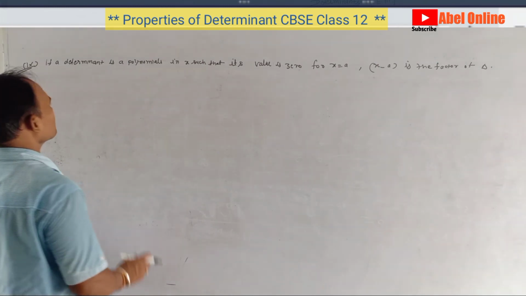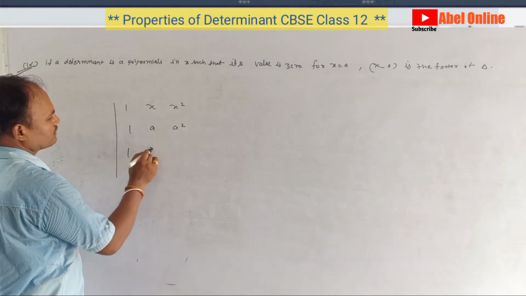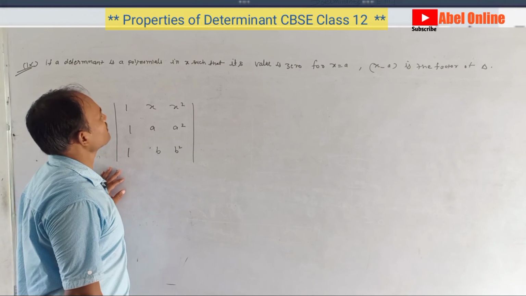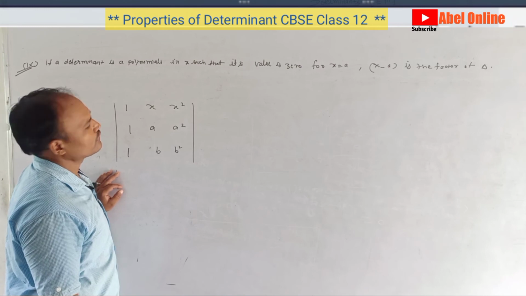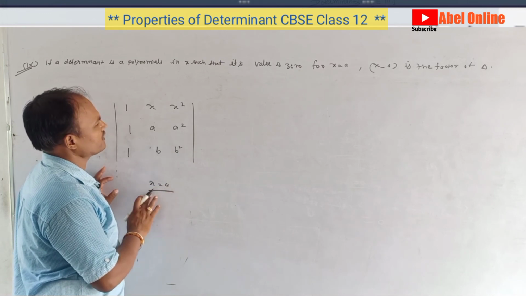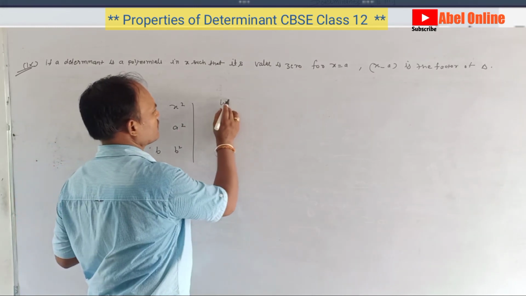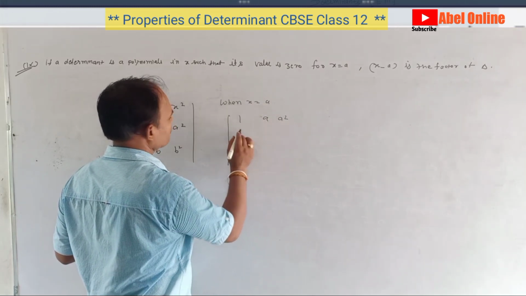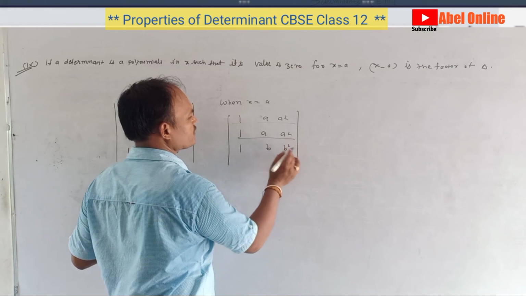How can we solve it? Suppose the question is the determinant with rows 1, x squared; 1, a squared; 1, b squared. If the determinant is a polynomial in x and its value is 0 for x equal to a, let us put x equal to a. Then the rows are 1 a squared, 1 a squared, 1 b squared. Two rows are identical, so the value is 0.